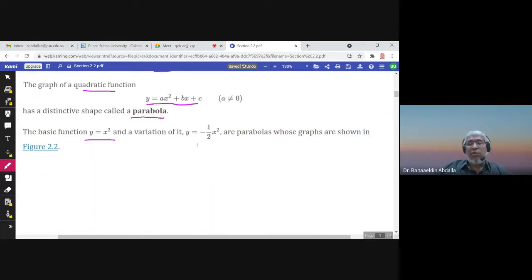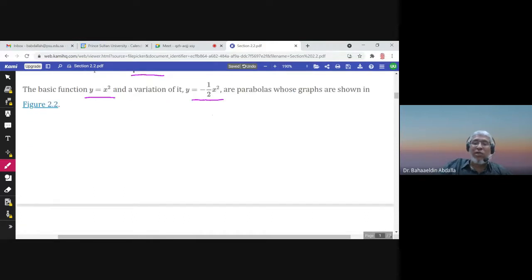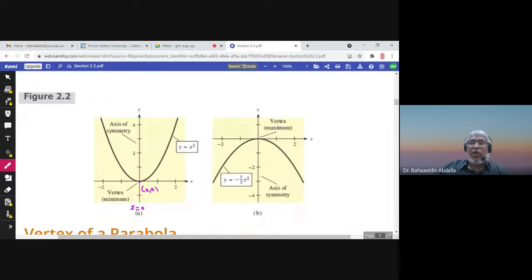What about the parabola y equals negative half x squared? Well, y is multiplied by a negative, so we will have a reflection about the x-axis. So this would be the graph of the parabola y equals negative half x squared.